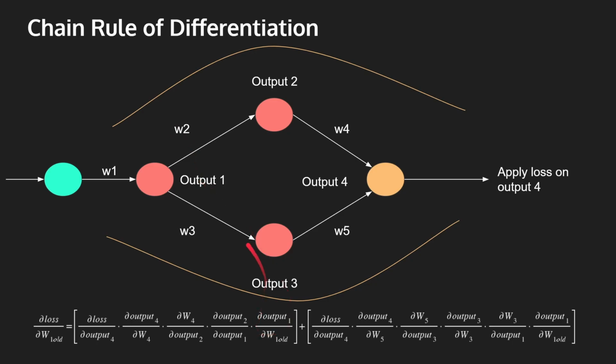And then I multiply by the derivative of output 1 with respect to weight 1, right? So that's what we can do. And then we do the same thing here to calculate it for this path, and we sum them up to get the derivative of the loss with respect to the old weight 1.